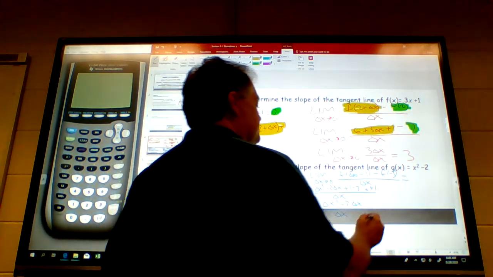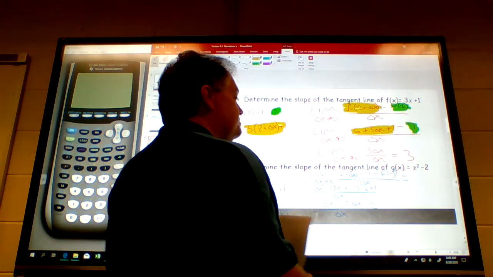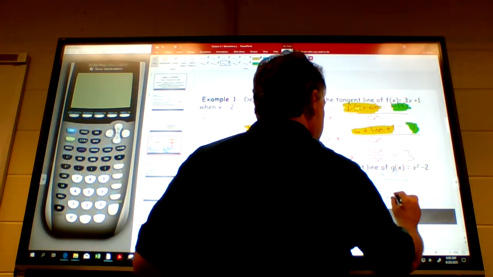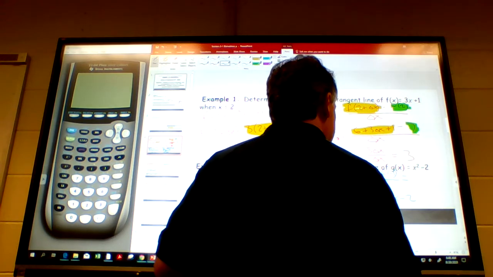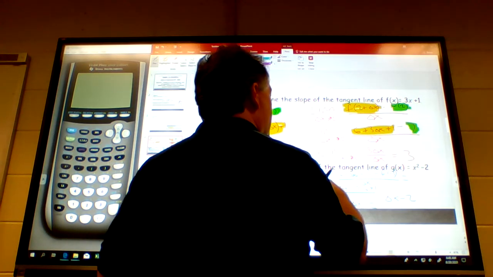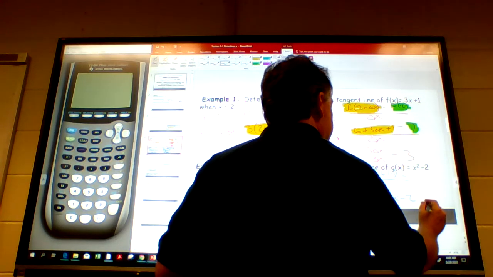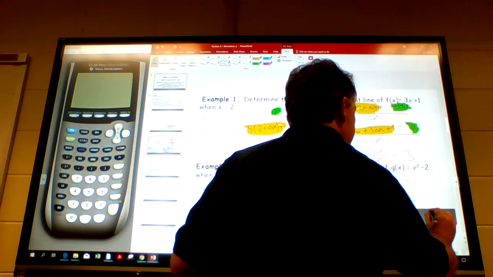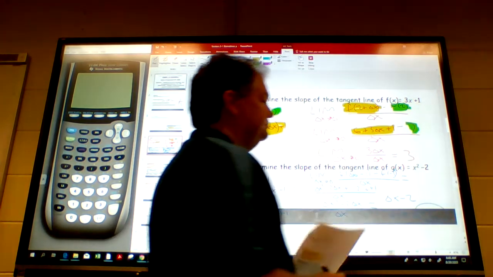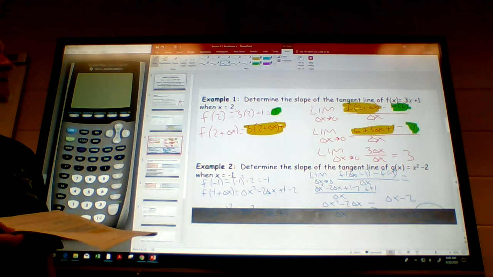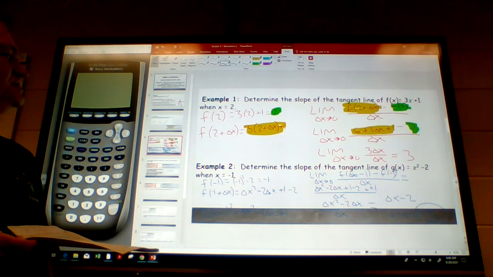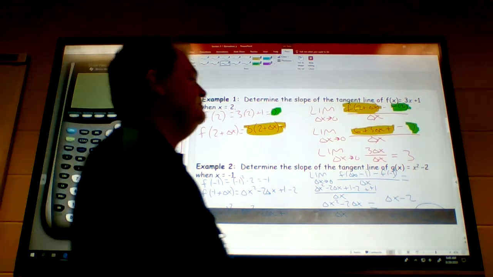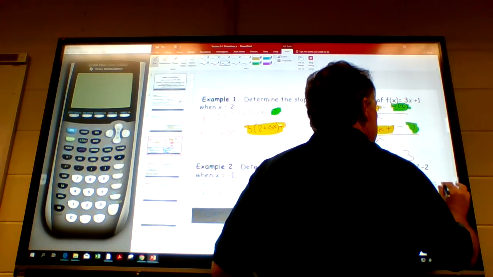Now, this will simplify, excuse me, and this will give us delta x minus 2, and the limit as delta x approaches 0 is just going to be simply 0 minus 2, which is just simply negative 2. So the limit when x approaches negative 1, or the slope when x approaches negative 1, is negative 2. So I'm going to write it up here, m equals negative 2.